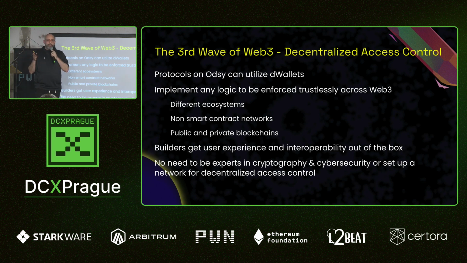All of that can now be governed with one logic, with one contract. And the builders will be able to get both user experience and interoperability out of the box without figuring out how it's done or worrying about making it more decentralized or more secure. And you don't need to be experts to have decentralized access control.